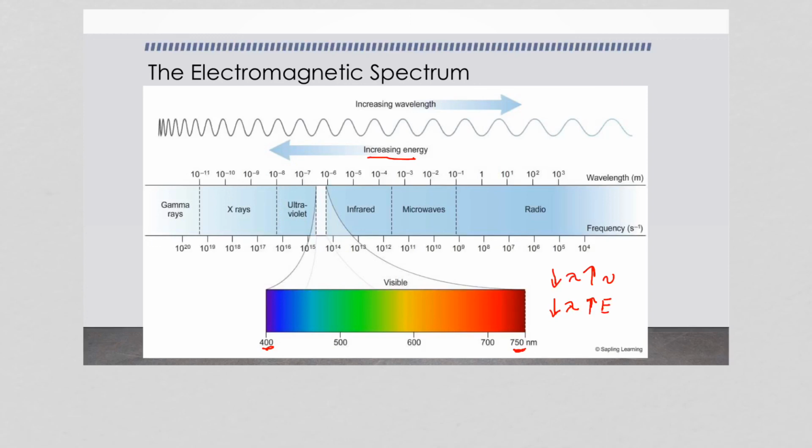So we get that same inverse relationship between wavelength and energy. Now, what that also means is that frequency and energy are directly related. So as frequency goes up, moving to the right, energy also goes up. So we have these different relationships between wavelength, frequency, and energy.